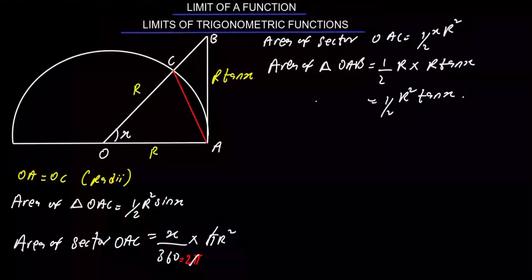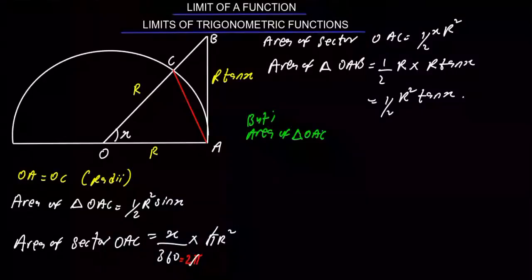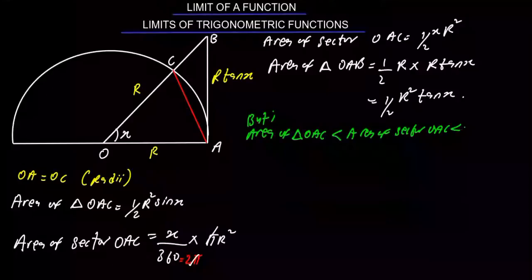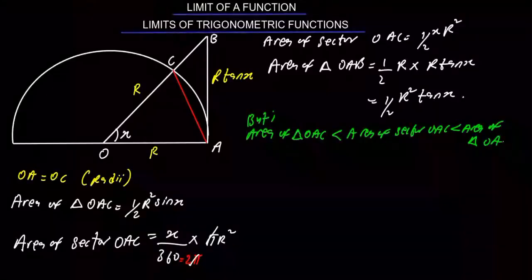But check something out. The area of triangle OAC would definitely be less than the area of sector OAC, and that one will definitely be less than the area of triangle OAB.